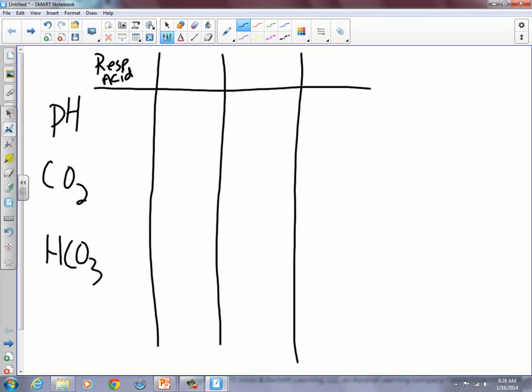All right? So in respiratory acidosis, our pH is going to be low or high? Our CO2 is going to be low or high? And our bicarb is going to be normal, right? Respiratory alkalosis. pH is going to be low or high? CO2 going to be low or high? Bicarb?